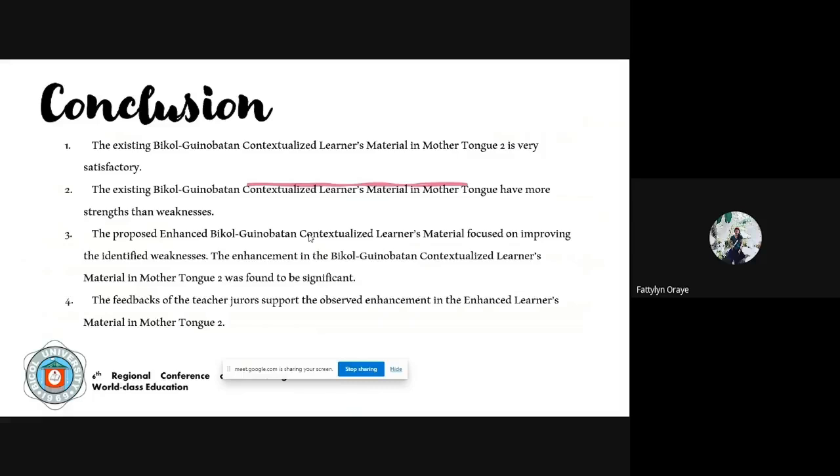The proposed enhanced material focuses on improving the identified weaknesses. The enhancement of the Bicol Ginubatan contextualized learners material in Mother Tongue 2 was found to be significant. The feedback of the teacher jurors supports and observes the enhancement in the enhanced learners material in Mother Tongue 2.